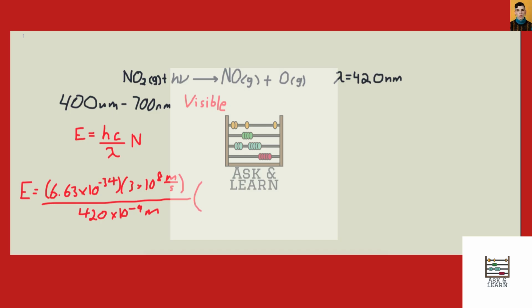Multiply that by Avogadro's number, 6.02 times 10 to the 23rd inverse moles. Also multiply that by 1 kilojoule per 1,000 joules.